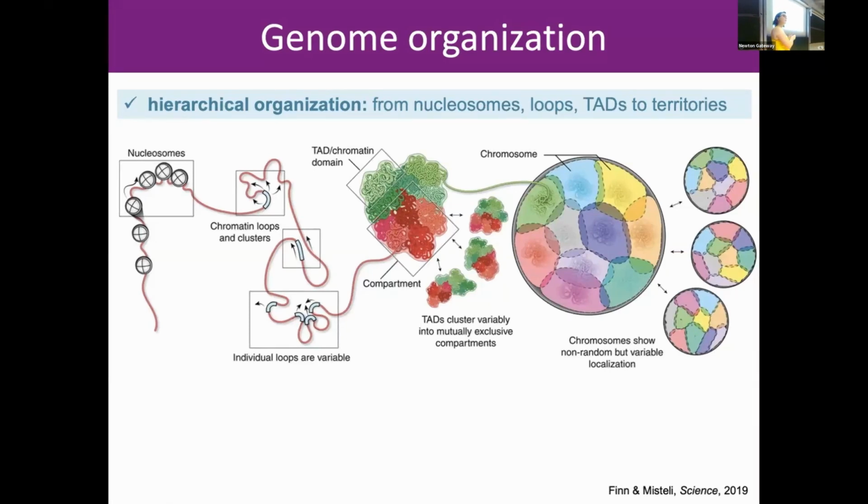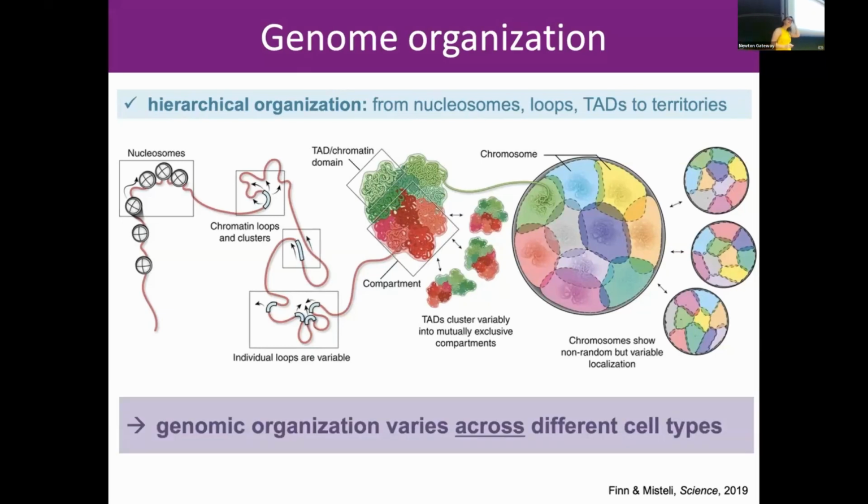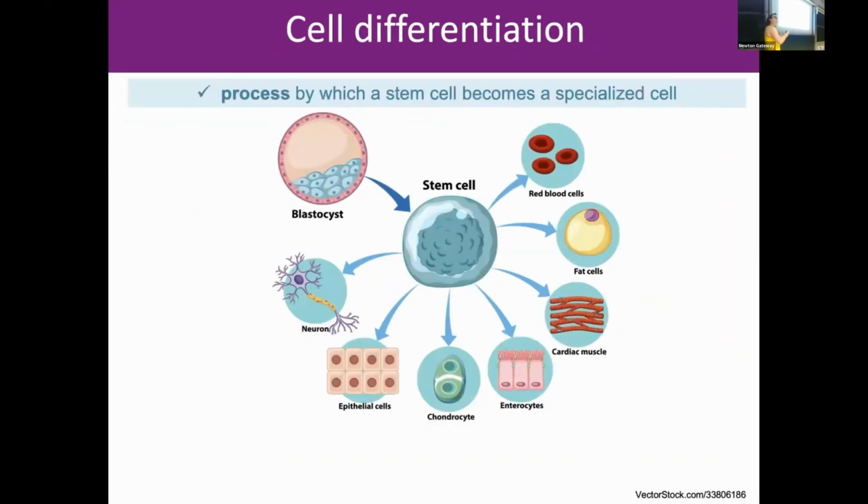So one thing that you can imagine is that you can have a variation between different cells in how these things will be organized. Specifically, this variation occurs across different cell types. Why does that happen? If we want to think about these differences, it's very useful to come back to the picture of how different cell types actually occur, where they come from, right?